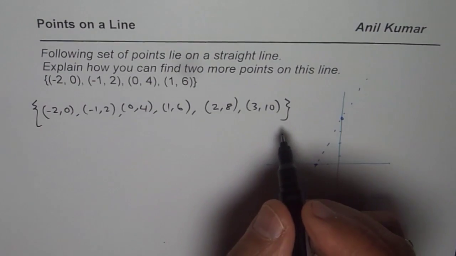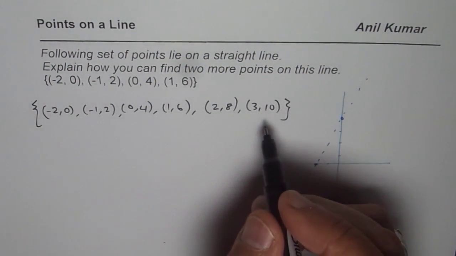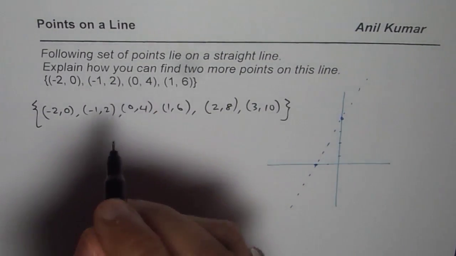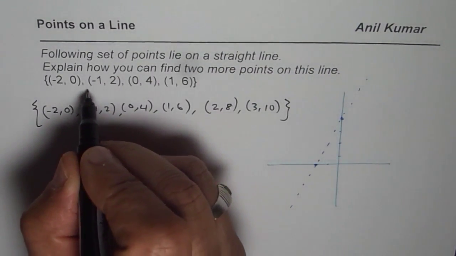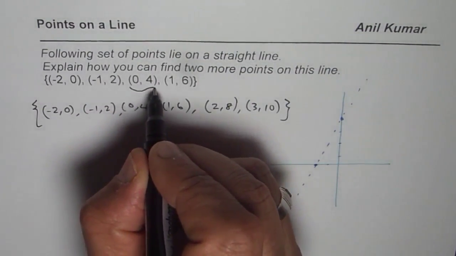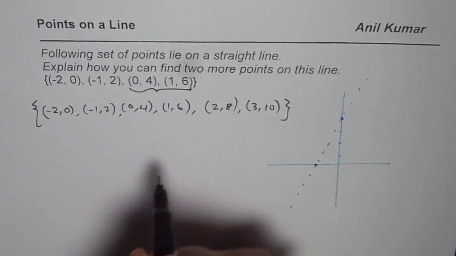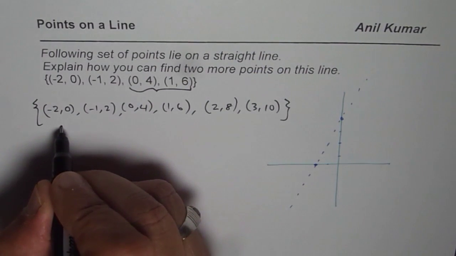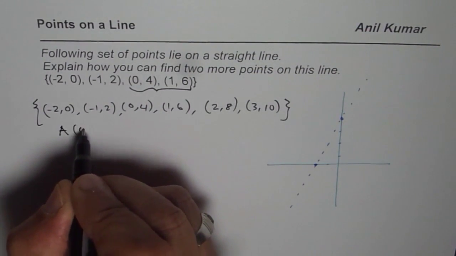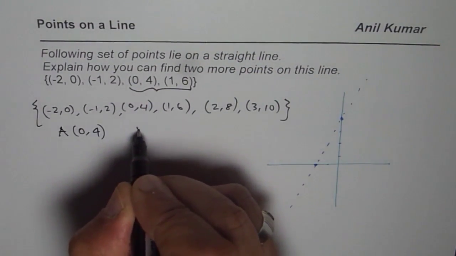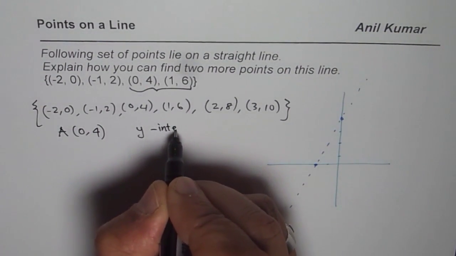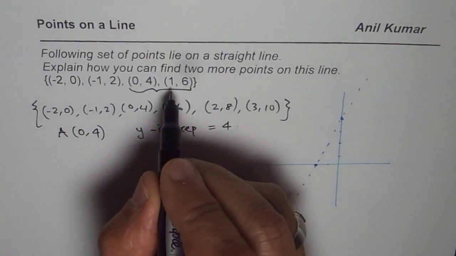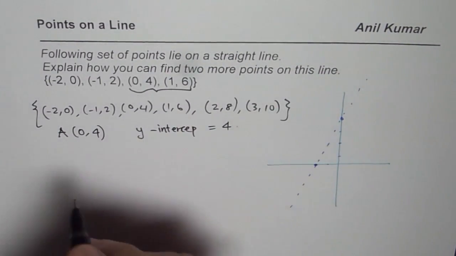Do you see that? Now, the other way is we can find the equation with these points. So let's select 2 points and I will choose these 2 points, right? Reason is very simple. 0, 4 gives me the y-intercept. So if I have a point, let's say A, which is 0, 4, I know the y-intercept is equal to 4, right? And using the other point, we can find the slope.